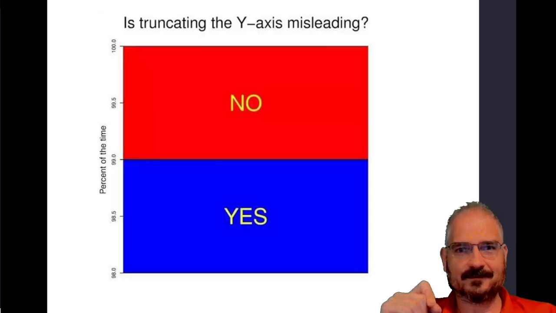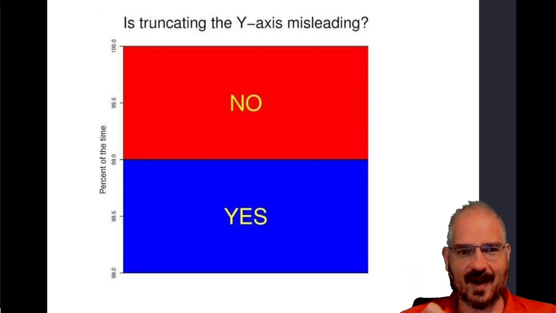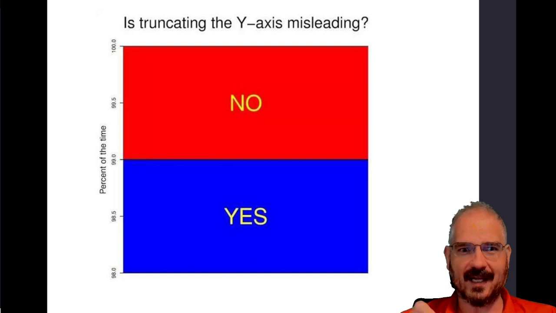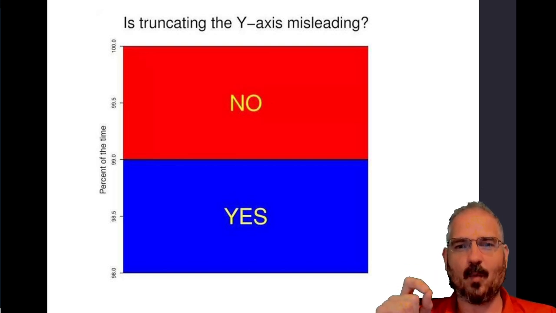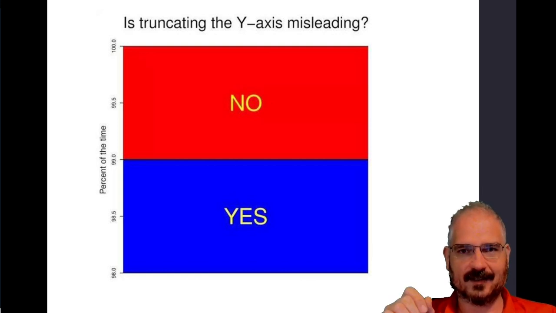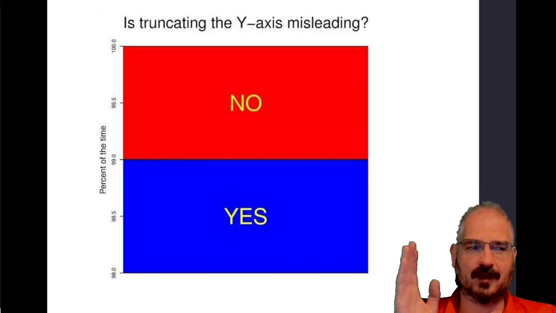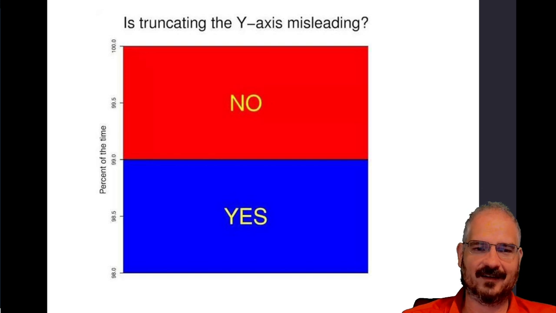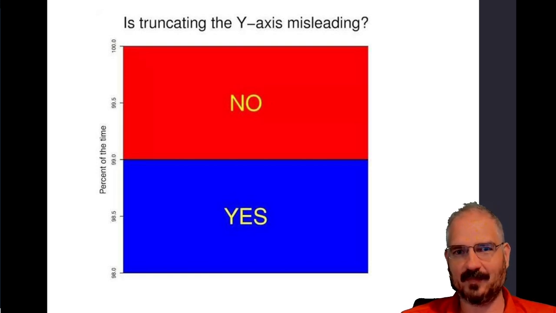So the last one for this subsection is this graph, which demonstrates one of the most important things to know about whenever you make a graph. Is truncating the y-axis misleading? If you just glance at this, it looks like it's half yes and half no. But if you look at the actual y-axis, the values that are being measured there, you'll see that the yes covers essentially 0 to 99, and no only covers the last 1%.